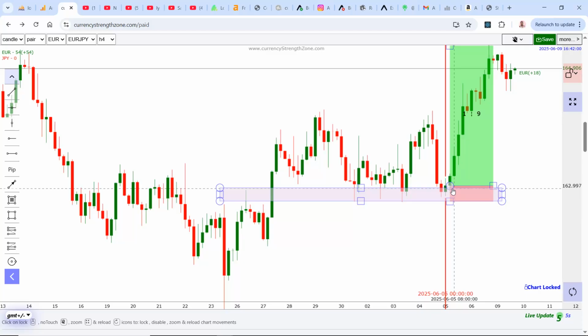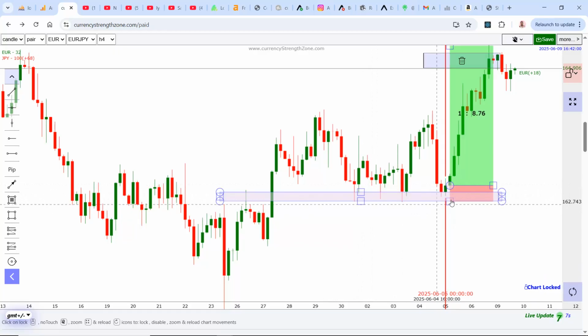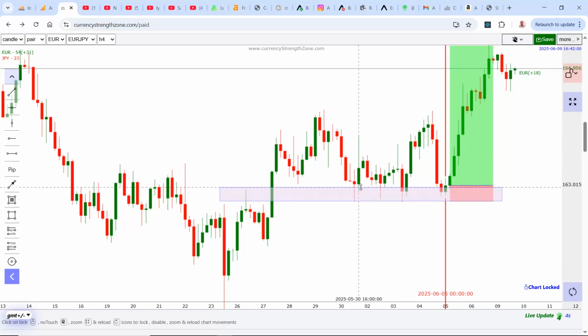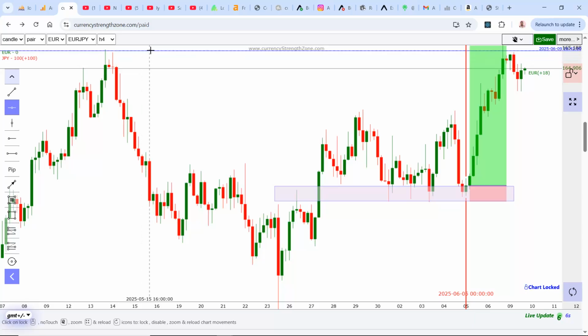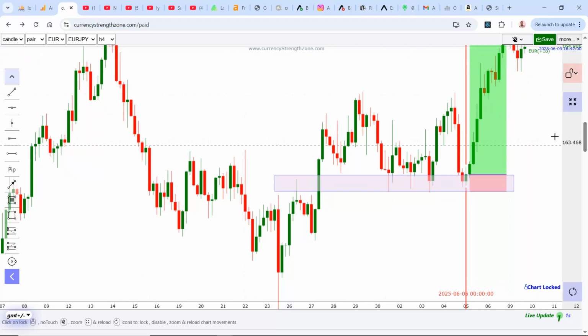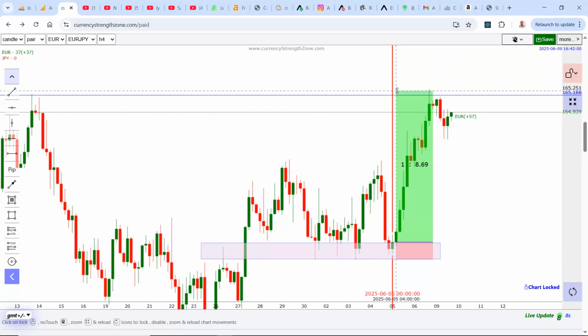We could wait for the candle to close, then we place our stop below, then we target this high, to make a potential of 1:8. Very good.